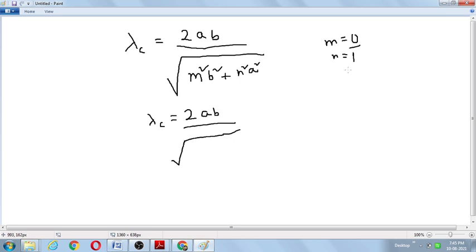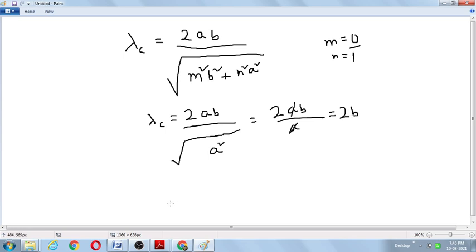Here n is equal to 1, so finally we'll get a square, that is equal to 2ab by small a. So here small a cancels, we will get 2b value.